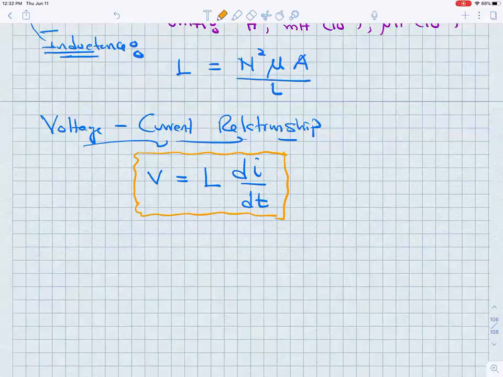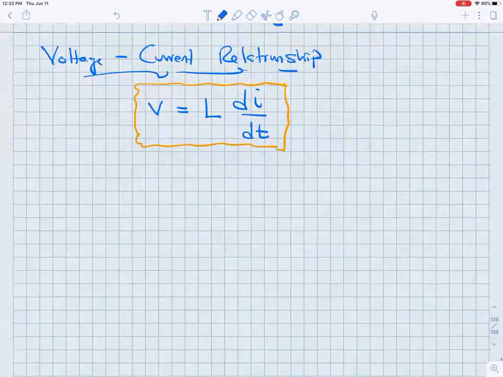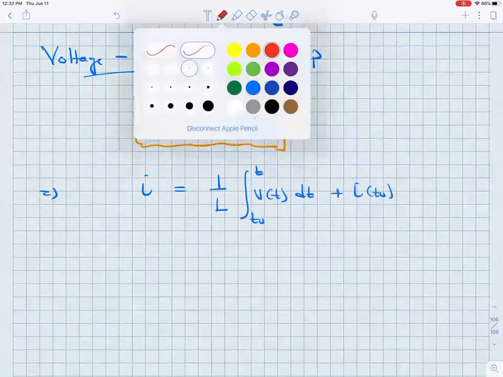Therefore, if you want to get the current, similarly, we have to integrate. So this implies that the current is going to be 1 over the inductance times the integral of the voltage dt, and hopefully, if there is some initial current flowing through the inductor, we have to take that into consideration.